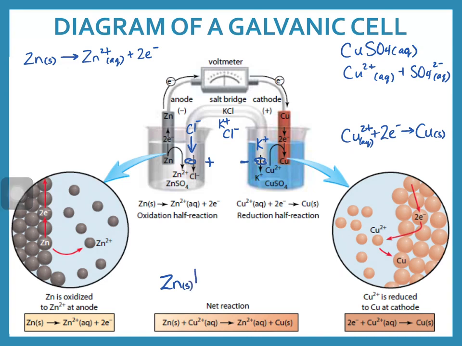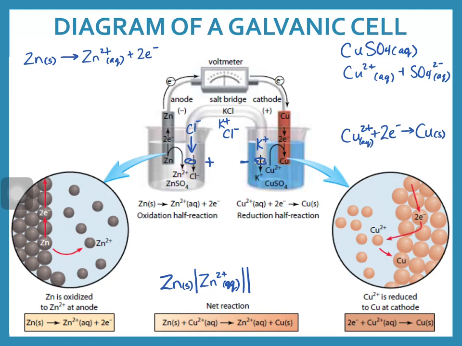And then this line is to show the difference between the 2 states of zinc. So zinc starts as a solid and ends up as an aqueous ion. And then I have 2 lines, and that represents the salt bridge, which separates the 2 half reactions that are going on.